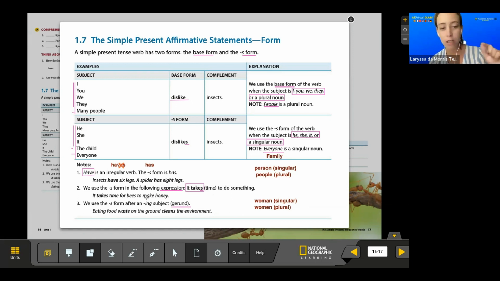A gerund is when the verb ends with ing, okay, like eating. Eating here ends with ing, this is a gerund. Every time that the subject is a gerund, so you start the sentence with a gerund, we are going to use the S form, okay? So eating food cleans the environment, with S.